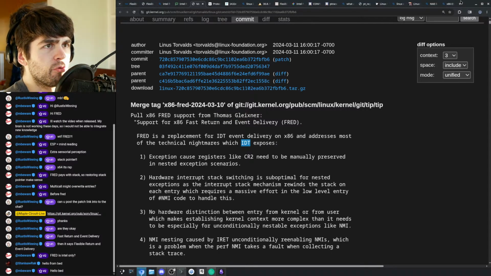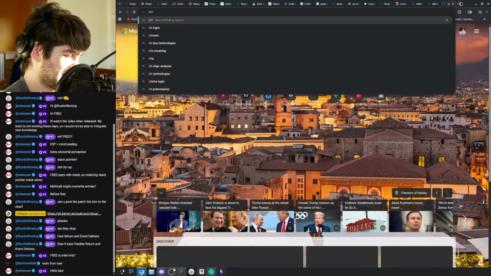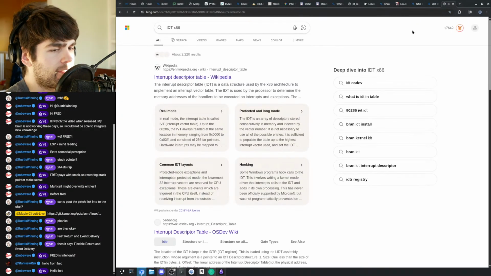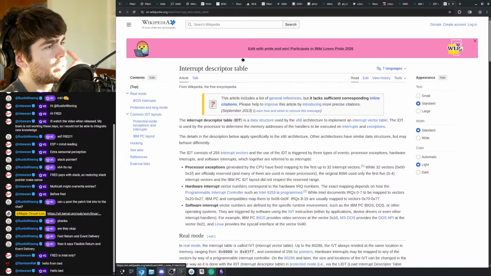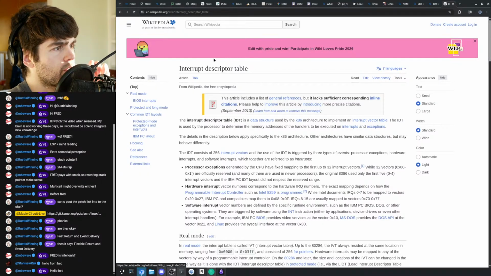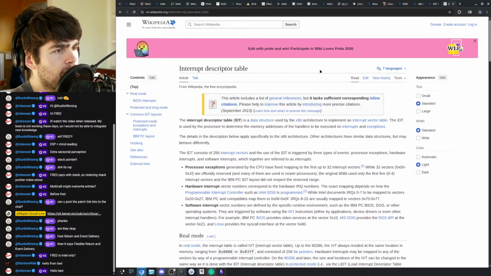Alright, let me just relearn what IDT is. Interrupt descriptor table. The interrupt descriptor table is a data structure used by the x86 architecture to implement an interrupt vector table. The IDT is used by the processor to determine the memory address of the handlers to be executed on interrupt and exceptions.